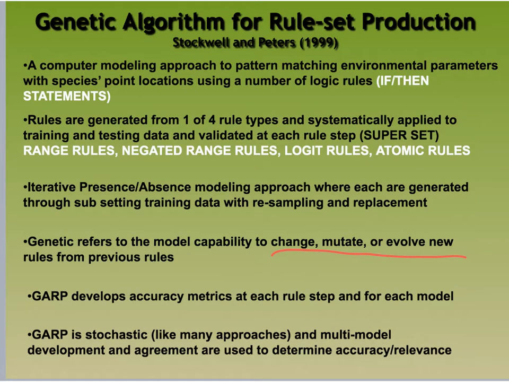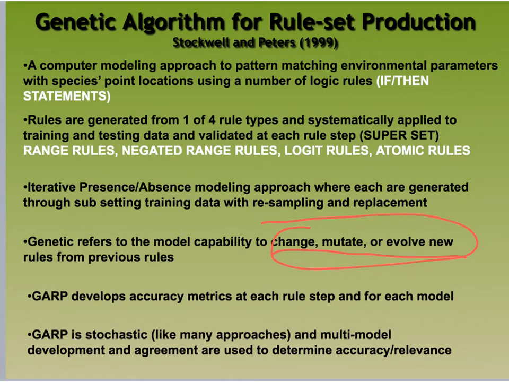So GARP is not just building a single logistic regression function or a single range rule, but rather it's building a set of rules, what we call the rule set. And for every individual GARP model in an experiment, every model must have 50 rules. And these rules are created through mutation and evolution.